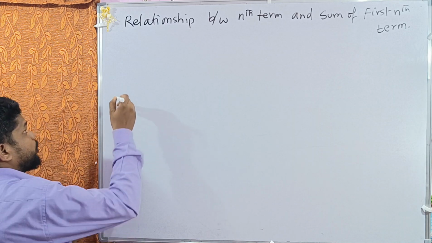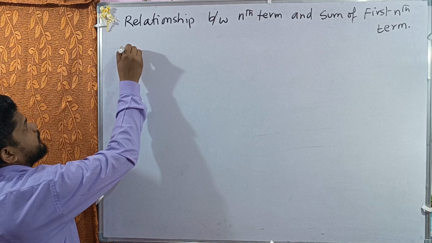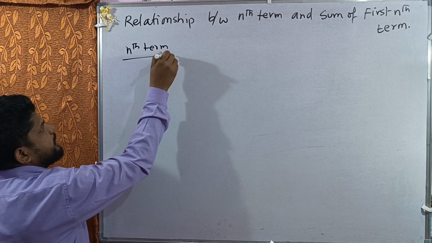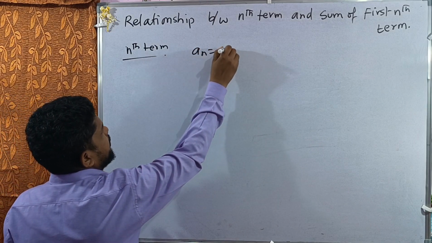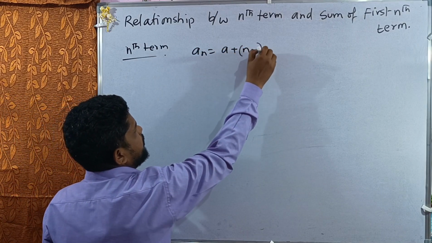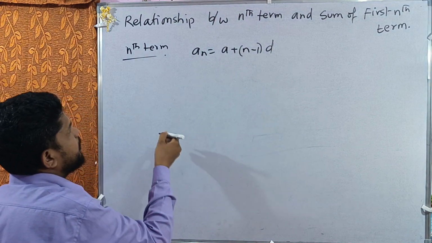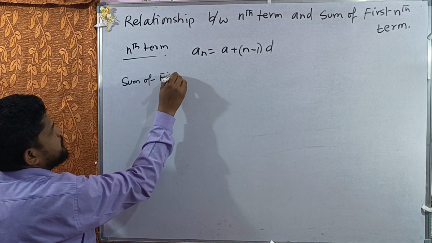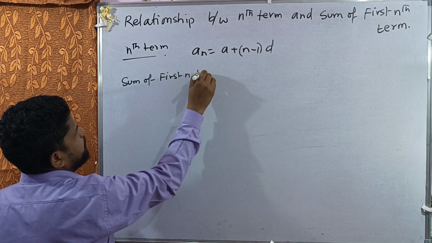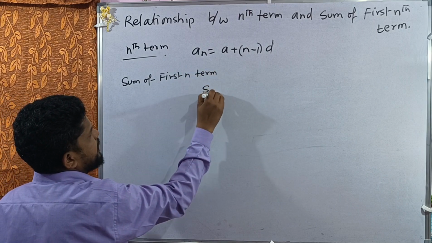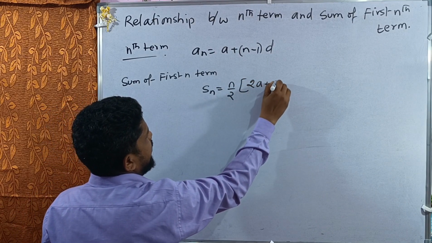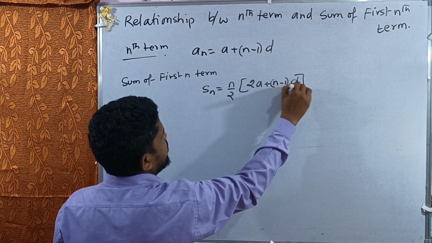So far we have learned that the nth term is given by a + (n − 1)d, and the sum of the first n terms is Sn = n/2 [2a + (n − 1)d].